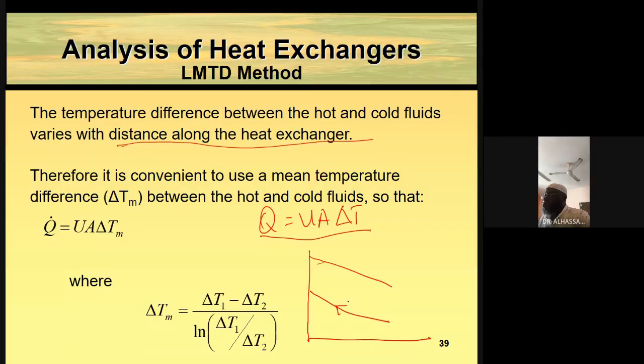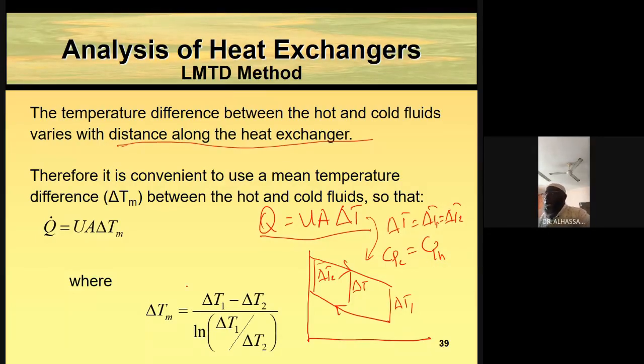Let's say this is the cold fluid, this is the hot fluid, and this is delta T1, and this is delta T2. This equation is only valid when delta T equals delta T1 equals delta T2, and when the specific heat capacity Cp for the cold is the same as the specific heat capacity for the hot.